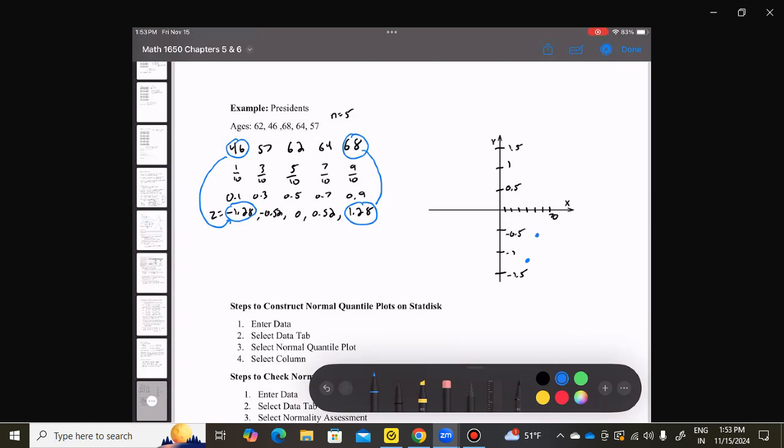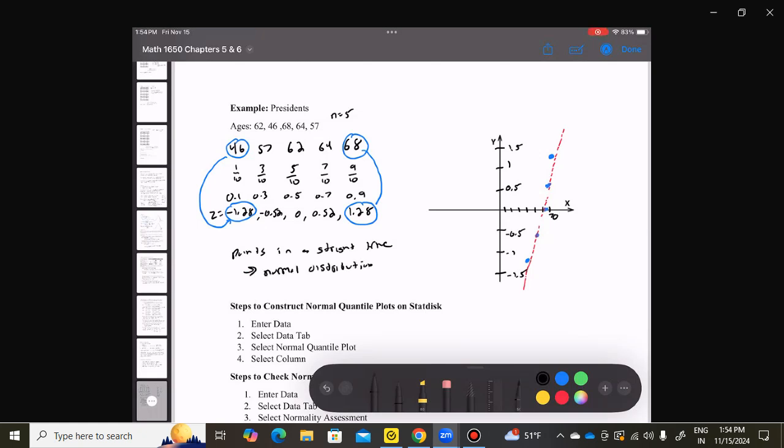And then 62 and 0, right on here. 64 and 0.52, up here. And 68 and 1.28 on here. And so we're looking at a line coming through here. It's pretty close to a line, points in a straight line. And so we look to have a normal distribution.